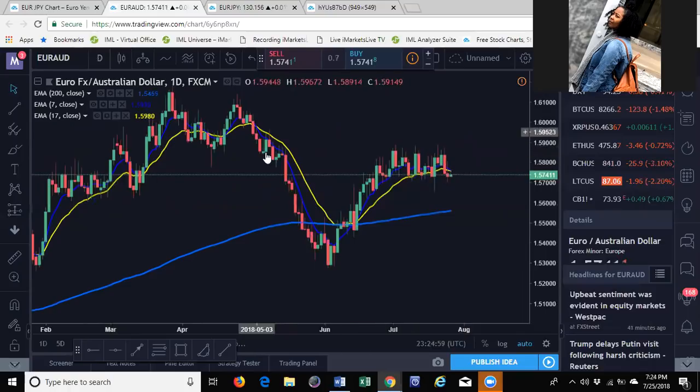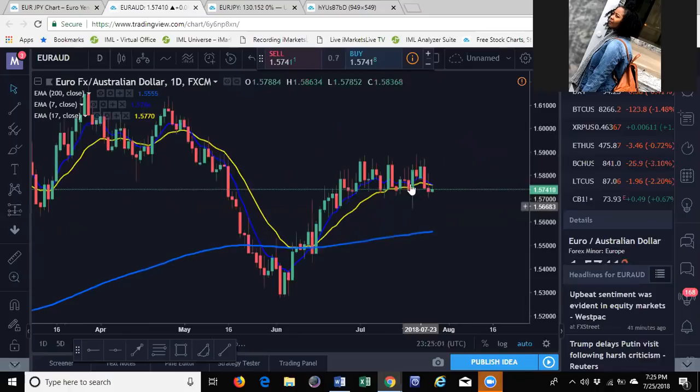So here you can see that we've had some bullish, bearish, lower low action right here. And if you are familiar with iMarketsLive TV and the Teacup strategy, that could possibly be an indication for a trade idea. But I just wanted to take a look at that from this perspective.